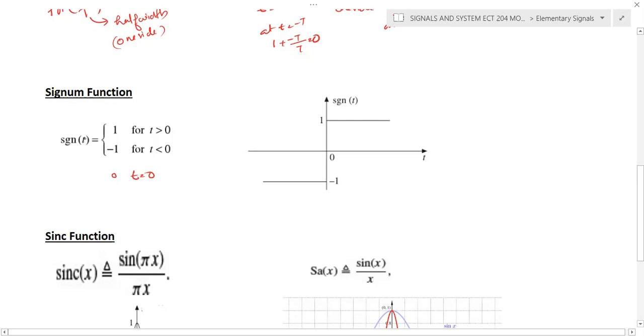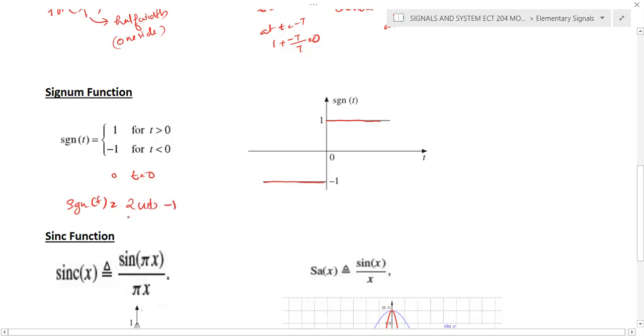So that's why we make the definition simple: signum of t, sgn of t, is equal to 1 for t greater than 0. So the function magnitude is 1 for t greater than 0, and it's minus 1 for t less than 0. This signum of t you can write in terms of step like this: 2 u of t minus 1.